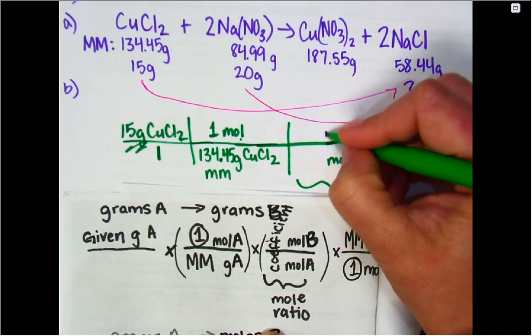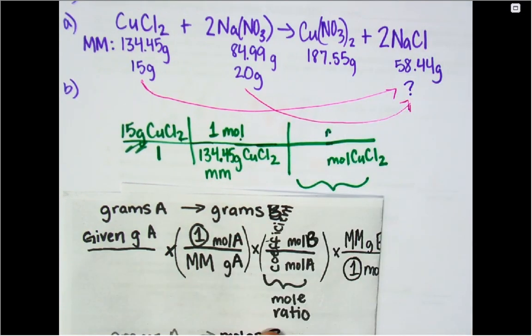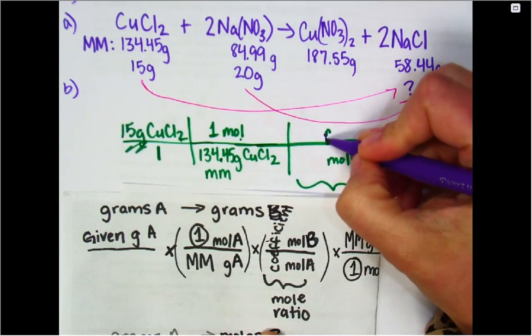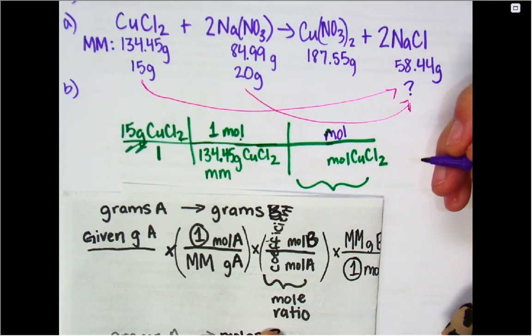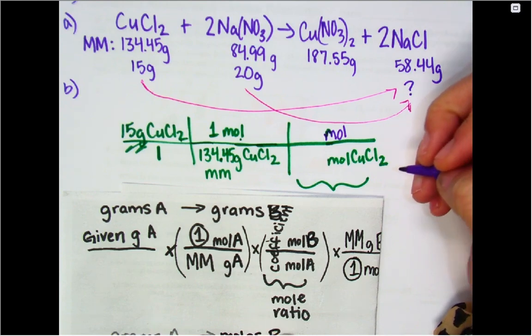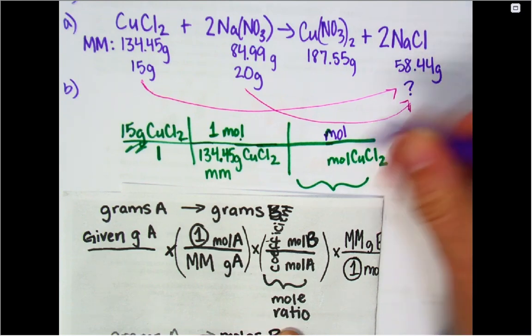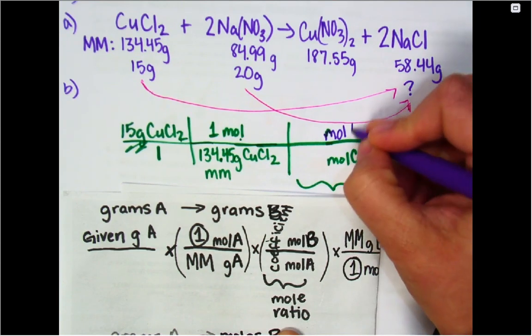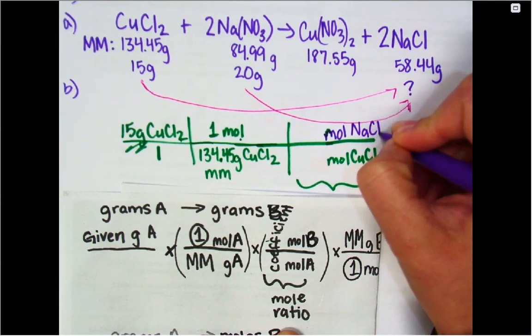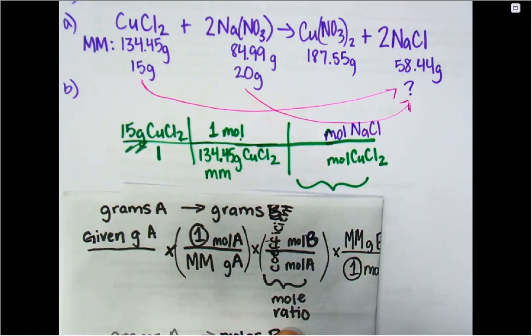We know that it has to be mole. Mole of who? Say that one more time. Who's the arrow pointing to? Sodium chloride, yes. Sorry. Did you say that? My bad. I'm having a really hard time hearing. I don't know if it's my congestion.